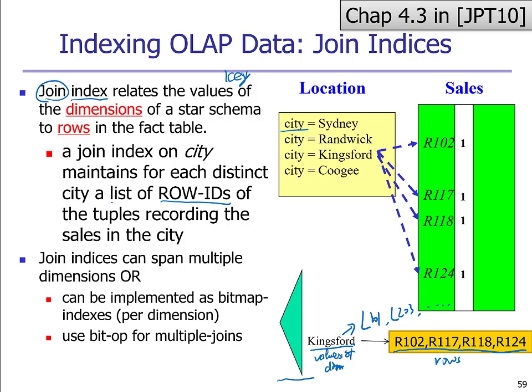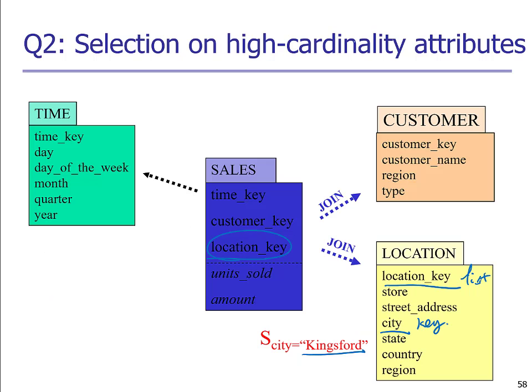And join indexes can span multiple dimensions, or we can build join indexes on multiple dimensions. Then it will help us on different tasks. For example, let's say we have built a join index on location with city as key, and we build another join index on customer with region as key.